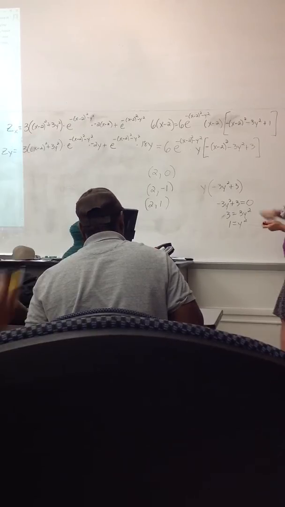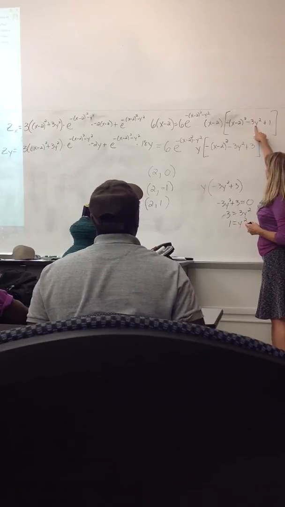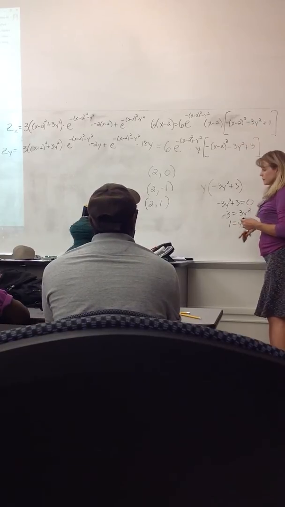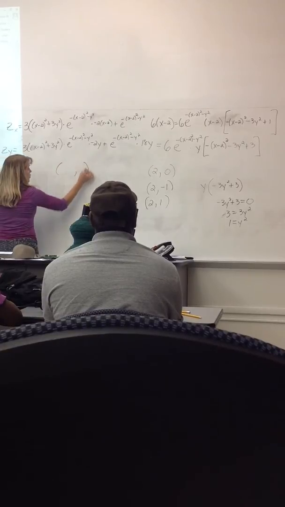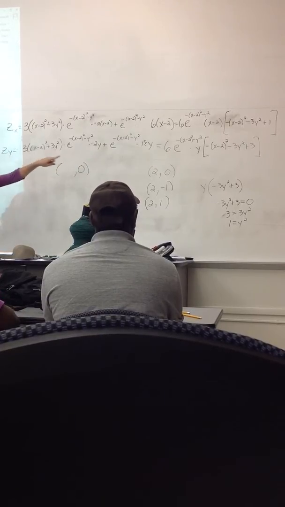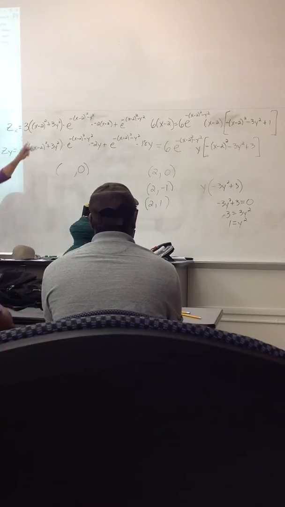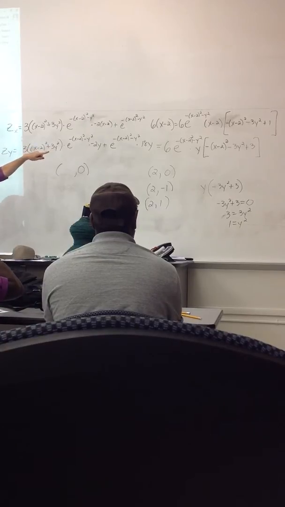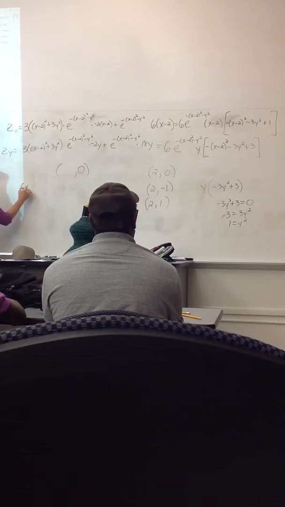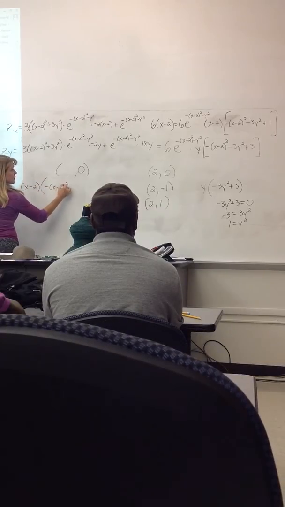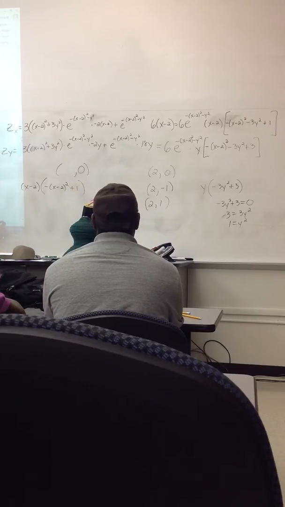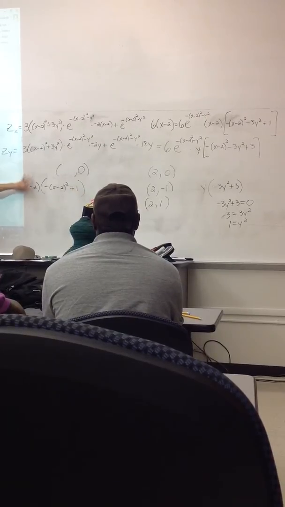Okay, so let's put 0 in for y up here and see what that tells us about x values. If y is 0, I don't have to bother with it, so I'm just looking at z sub x. I'm left with x minus 2, and y is 0. I know 2 makes this 0, so I can ignore it.